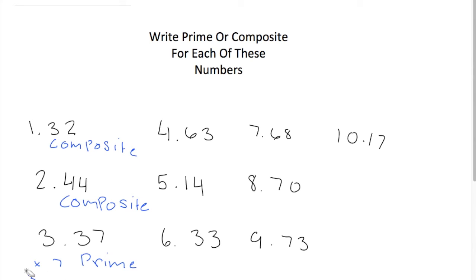You always want to look at the ones place. If the ones place is an odd number, it's most likely prime. But we're going to be checking first. 63. Well, if I already know my math facts, 7 times 9 equals 63. So that means this is composite.